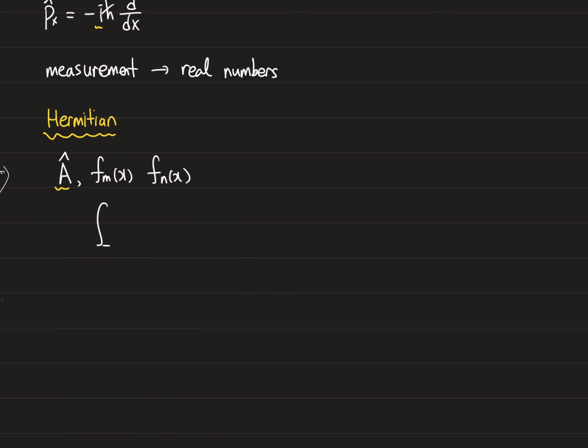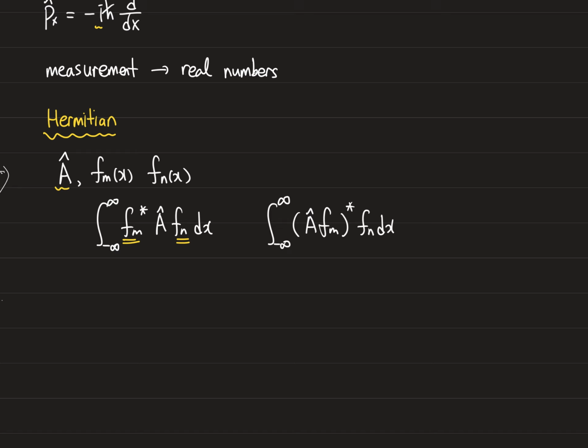It looks very much like the expectation value of the operator A, but actually this is not, because we have different functions on the left and right side of the operator A. And there is another integral.